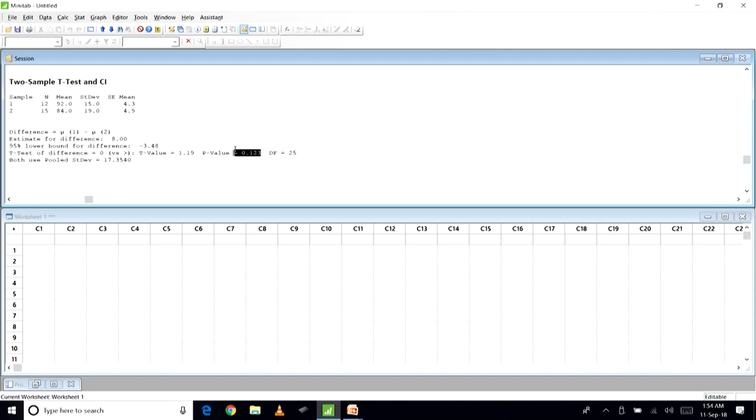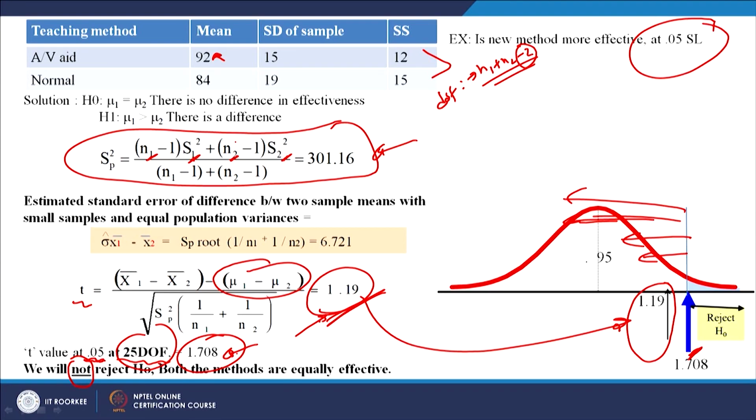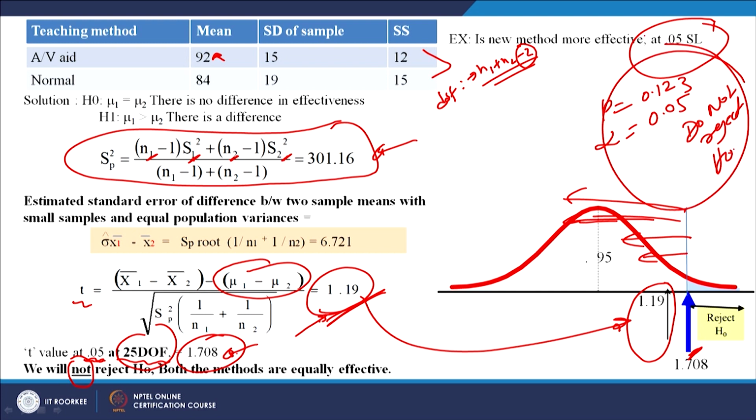So, the p value is 0.123, alpha is equal to 0.05. Is p less than alpha? No. So, we do not reject the null hypothesis. This is our conclusion using the p value approach and using Minitab.